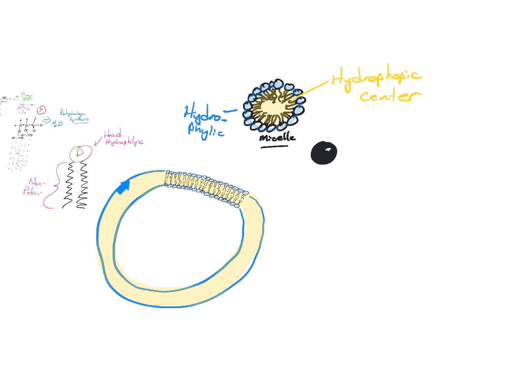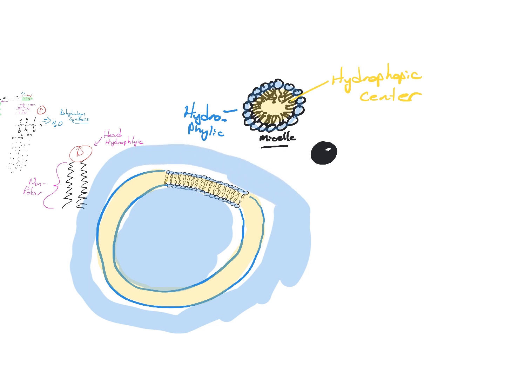Once you got a bilayer going, you can have stuff that's hydrophilic inside, and outside can be hydrophilic. So inside can be water, outside can be water, and the middle could be the separator because they don't mix well, correct?